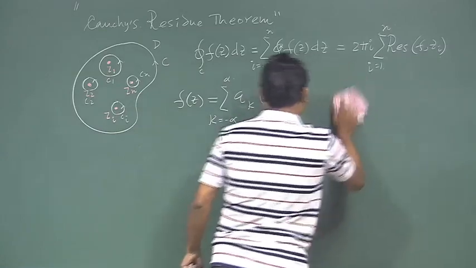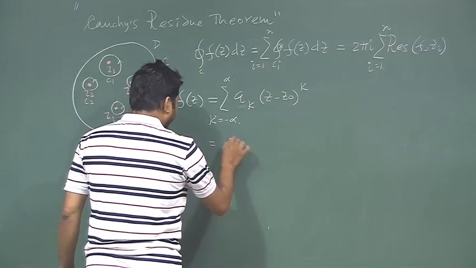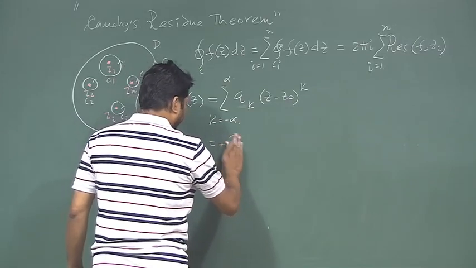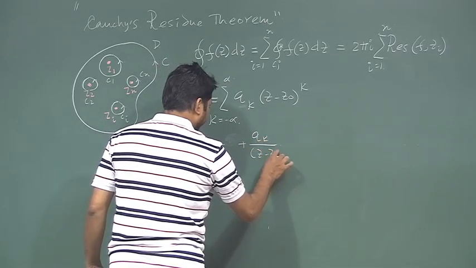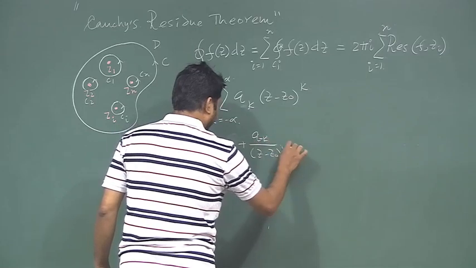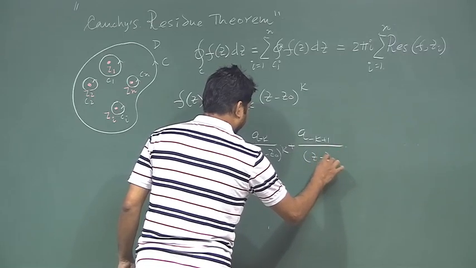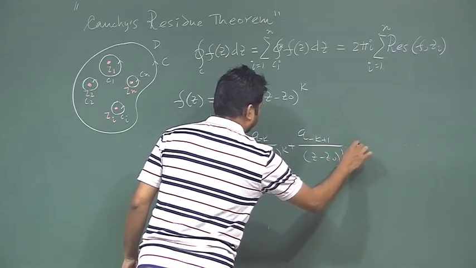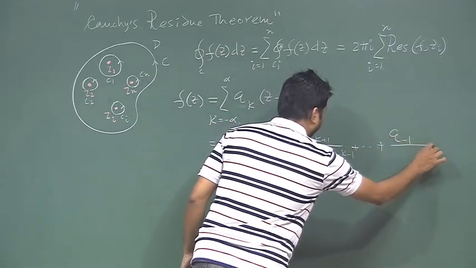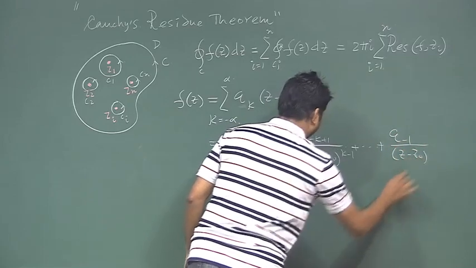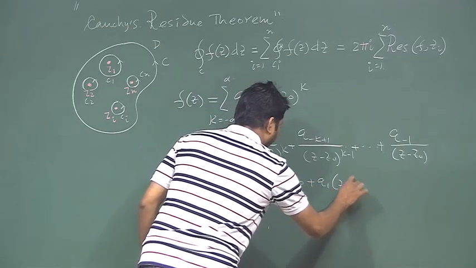If I do that, then I have the old expansion that we have already done: a minus k, up to a minus k plus 1 (z minus z0) to the power, the usual thing that we have already encountered, plus one important term a minus 1 over (z minus z0), and then the analytic part a0 plus a1 (z minus z0) and so on.